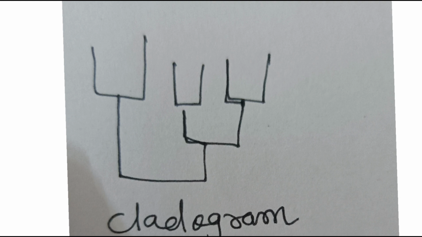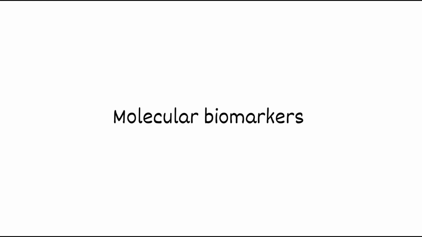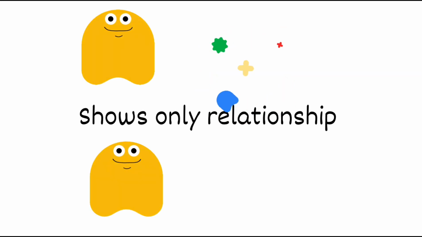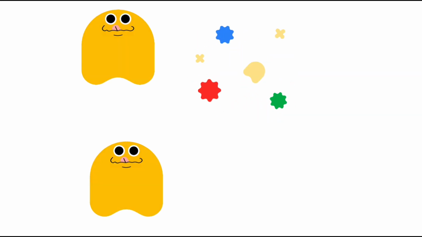Molecular biomarkers like RNA, DNA and other genetic material, as well as morphological markers like the skull and notochord, are used as parameters for construction of the cladogram. A cladogram is a diagram that shows the relationship of closely related organisms. It is a type of phylogenetic tree, but it only shows the relationship between the clades and the common ancestor.